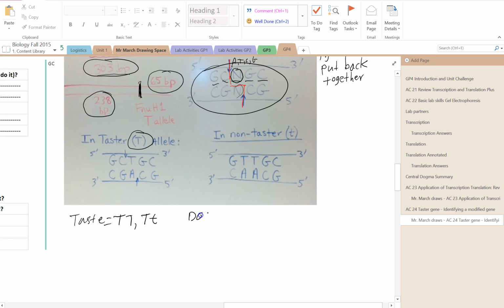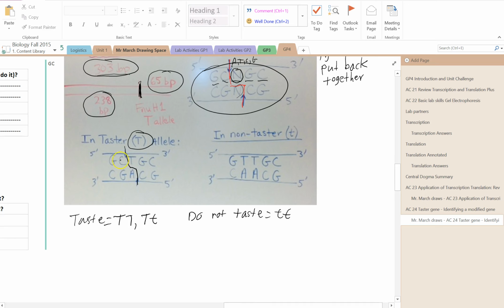You will not taste if you are homozygous recessive. People who are homozygous recessive do not taste the PTC paper. People who are homozygous dominant or heterozygous will taste the PTC paper. People who are dominant or have at least one dominant gene will also be cut. The FNU4H1 enzyme will cut through their genome right at that location.